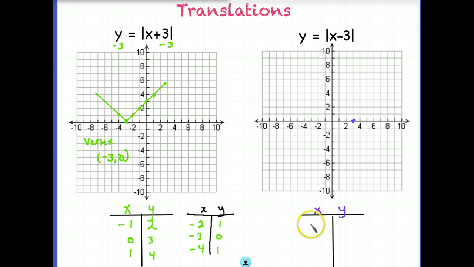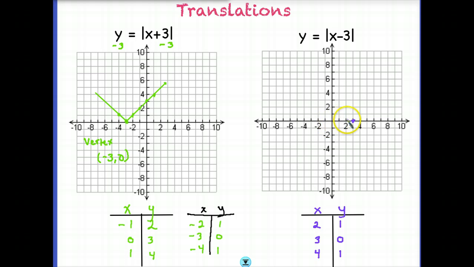So maybe I'll choose 2, because I want a point on the left side of my vertex and one on the right side. I'm going to choose a 3, and I'm going to choose a 4. But again, if we chose the wrong points, we would just keep adding points until we saw our graph switch directions. So 2 minus 3 is -1, and the absolute value of that is just 1. 3 minus 3 is 0, and 4 minus 3 is 1.